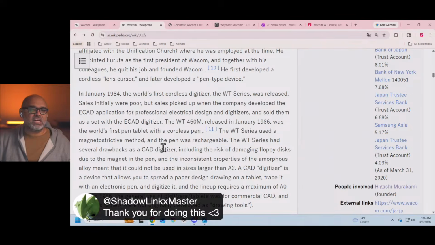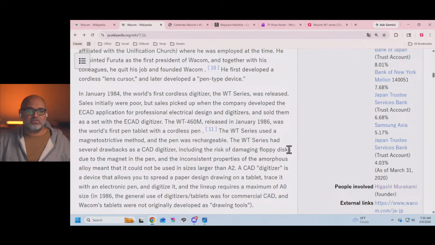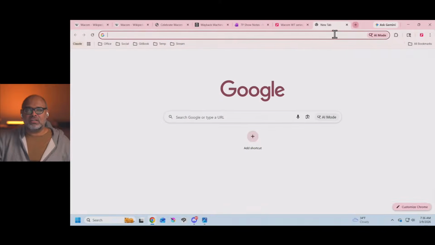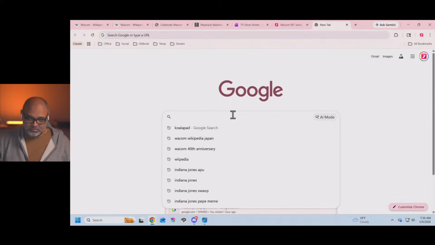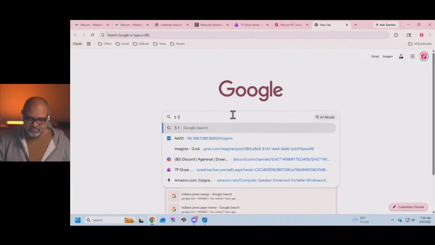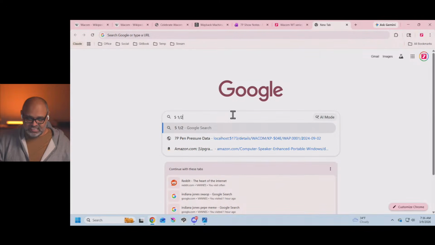The WT series had several drawbacks as a CAD digitizer, including the risk of damaging floppy disks due to the magnet of the pen. For those of you who don't know, some of you are pretty young, or you might have forgotten what the world was like 40 years ago. Back then we had these floppy disks.